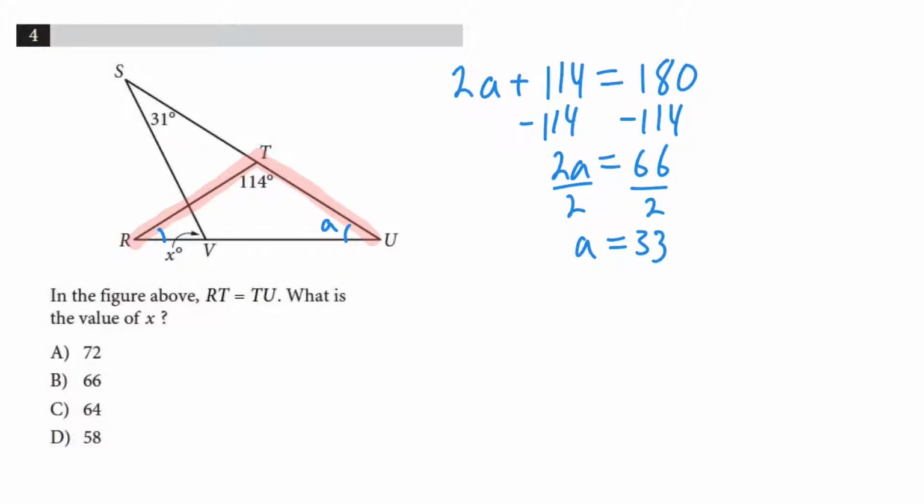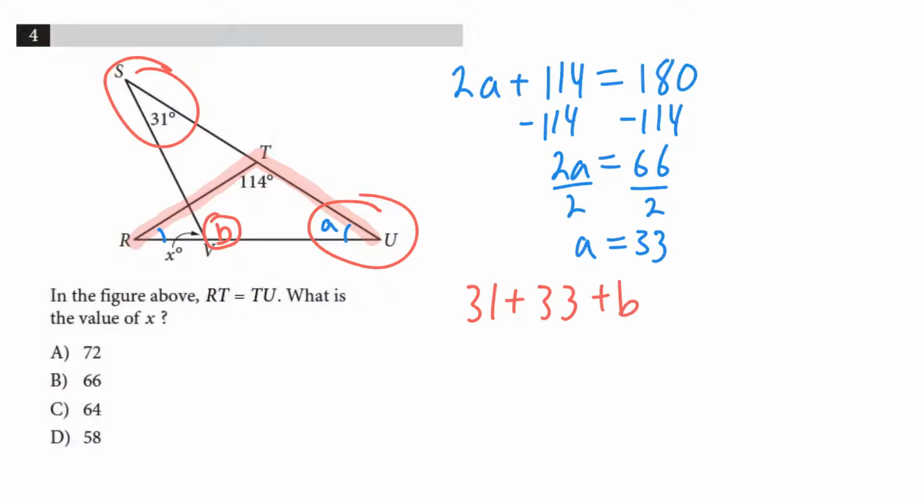Alright, well, likewise, I know that this angle and this angle right here, I'll call that B, are going to add up to 180 as well. So I know that 31 plus A, which is 33, plus B equals 180.